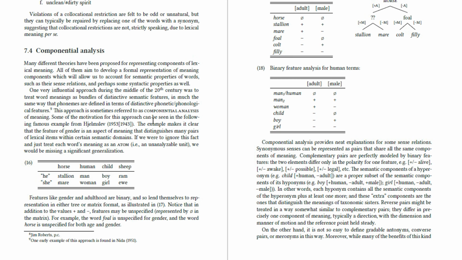So here they said we would be missing significant generalization. What is a generalization here? If we say "he," it can be referring to a horse. If I say "he," I mean the male of the horse, which is called stallion, and the female of the horse is mare. So you couldn't just generalize everything.